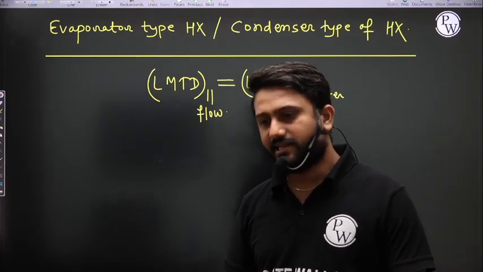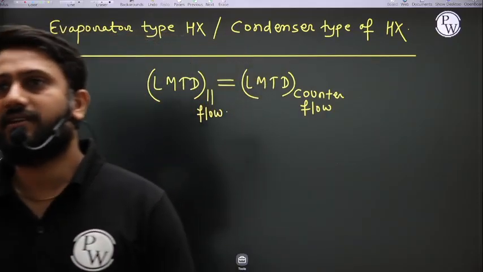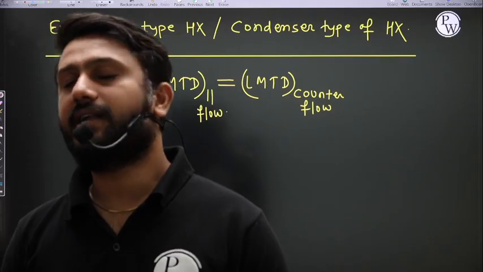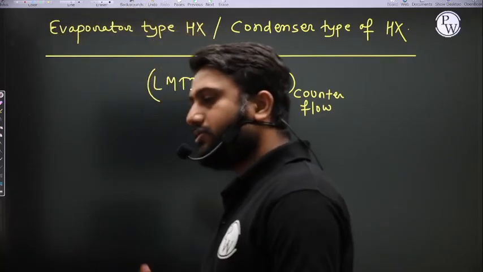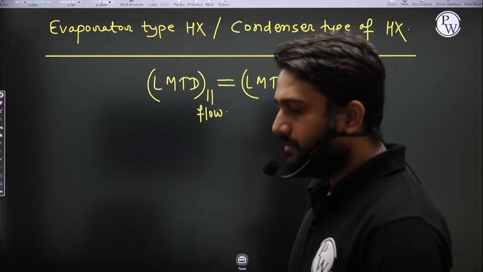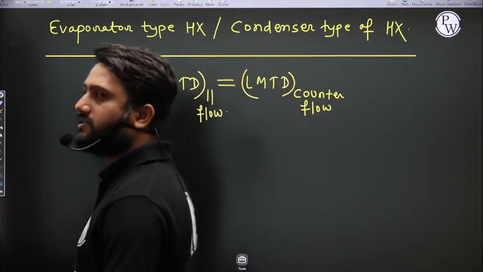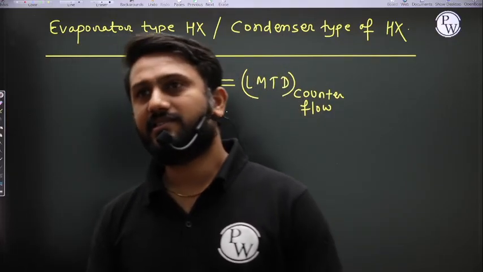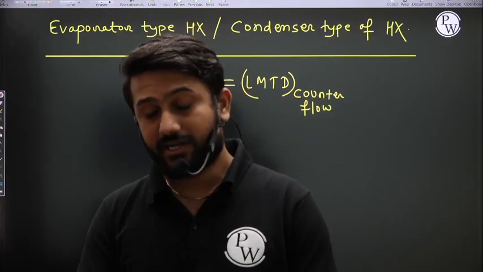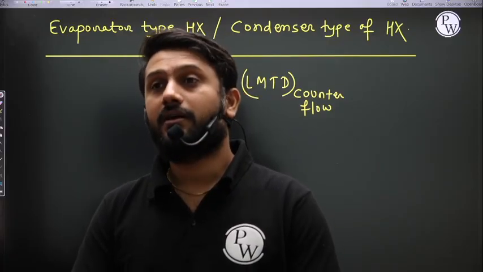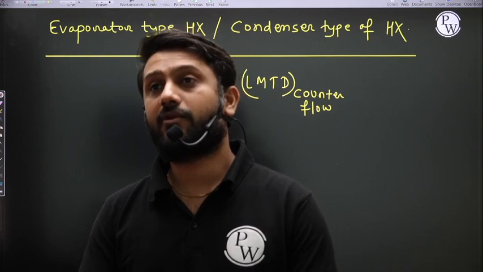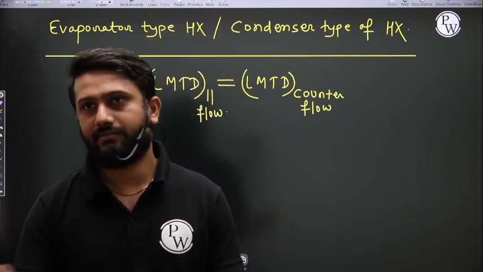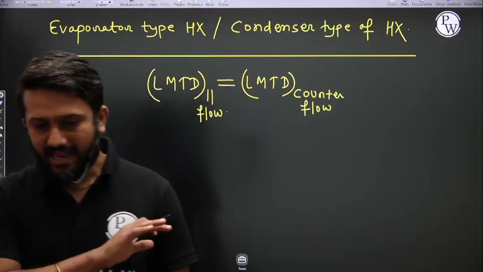And that is the reason if the question mentions that this is a condenser type or evaporator type of heat exchanger, in the question it is never told which type of flow it is, parallel flow or counter flow. Never. It is never mentioned in the problem.